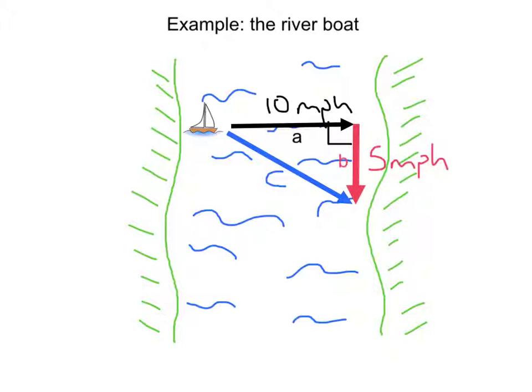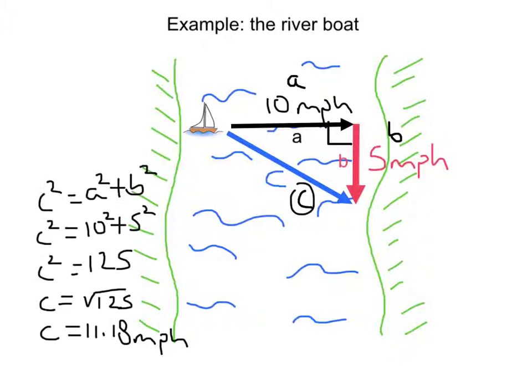So we have sides A, B and C, so we can use Pythagoras' theorem to work out the magnitude of C. So if you want to just see if you can do that, and then we will look and see if you got the right answer. So the resultant velocity is 11.18 miles per hour.